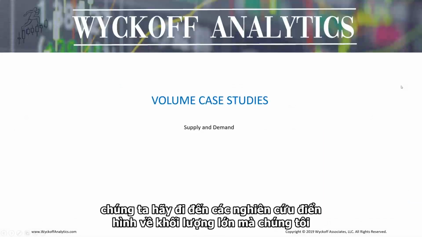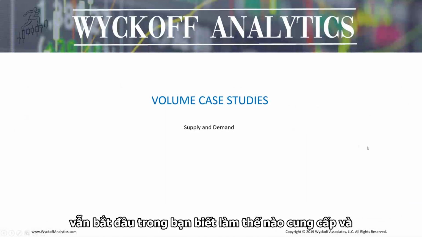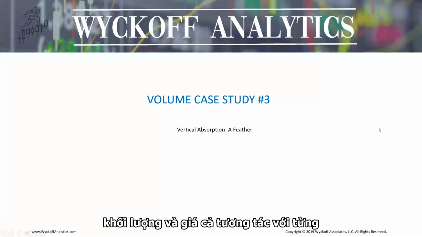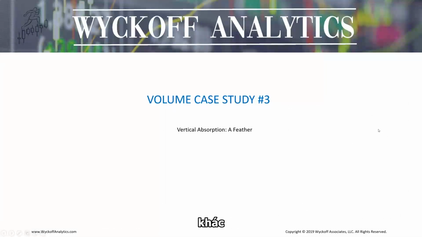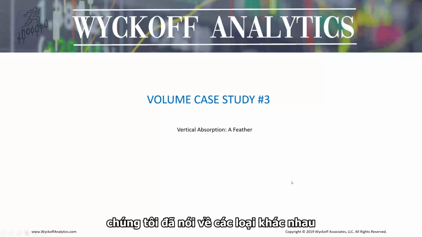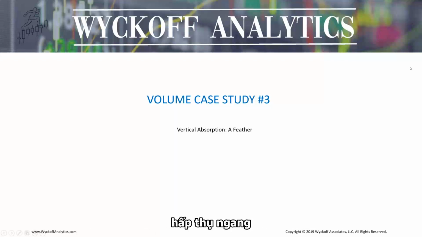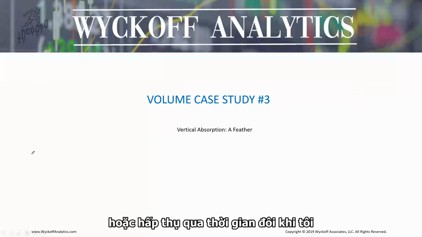Let's go to the volume case studies. We're still studying how supply and demand interact with each other, how volume and price interact with each other. And we've talked about different types of supply absorption. We've talked about horizontal absorption, or absorption through time, sometimes I call this.